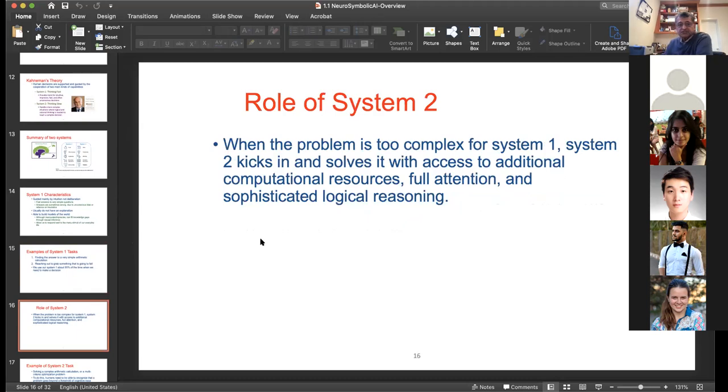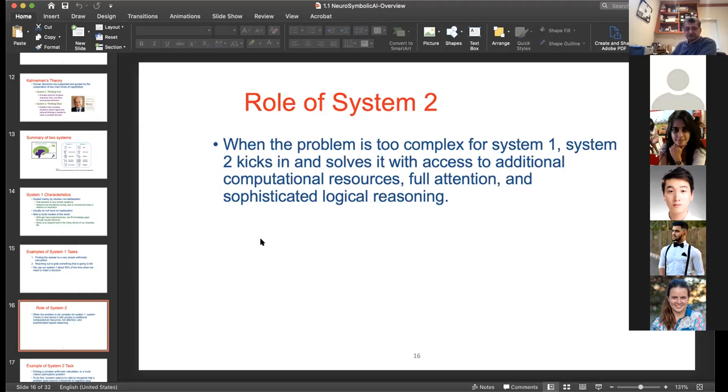Role of system 2, when the problem is too complex for system 1, system 2 kicks in and solves it with access to additional computational resources, full attention, and sophisticated logical reasoning. Right? I think we can all agree that we do this all the time. A lot of the time, system 1 is enough.